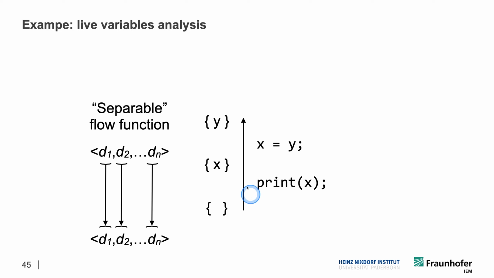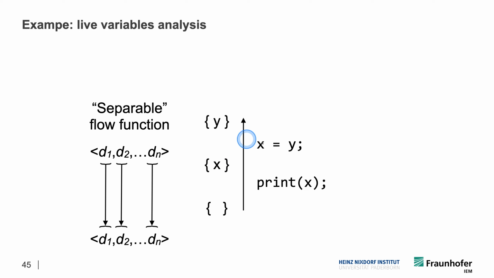And if we assume that we're doing a backward analysis on this very simple program, which uses x here, and then x is defined here, so y is being used by that statement, then this is what a live variables analysis would compute here. At the end of the procedure, the analysis starts and nothing is live yet. But then here x is live because in the remainder of the program, in this print statement, it's being used without being redefined earlier.